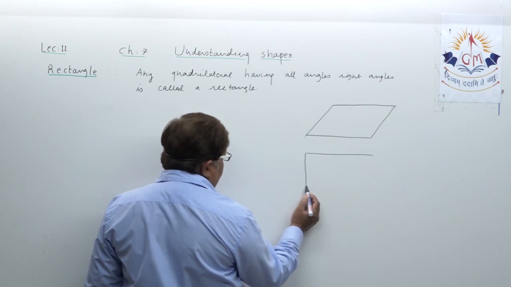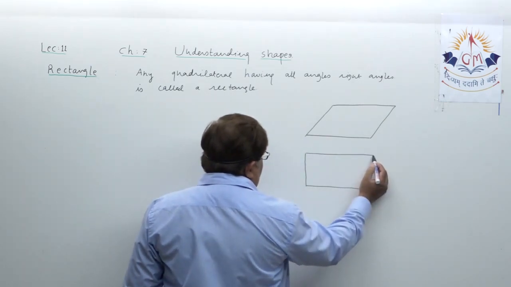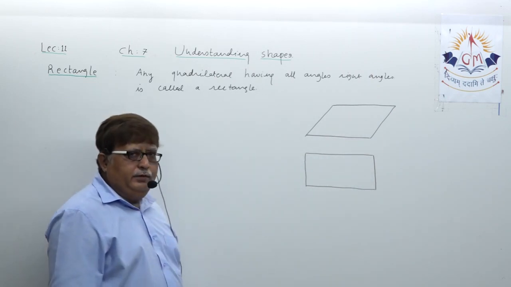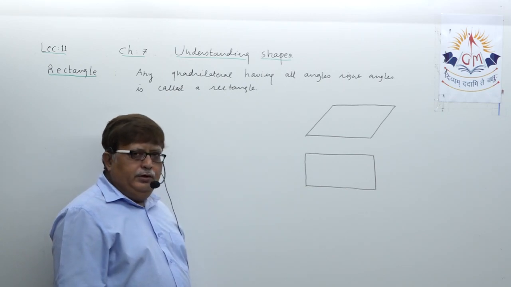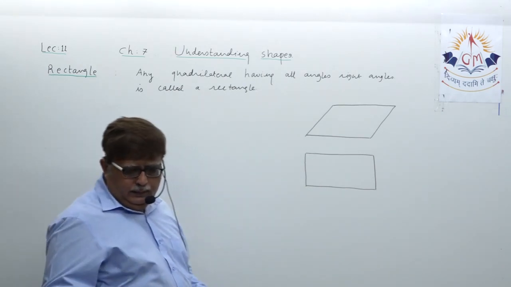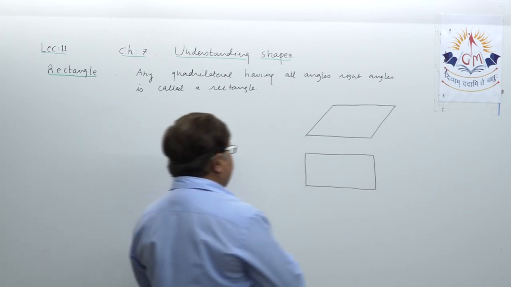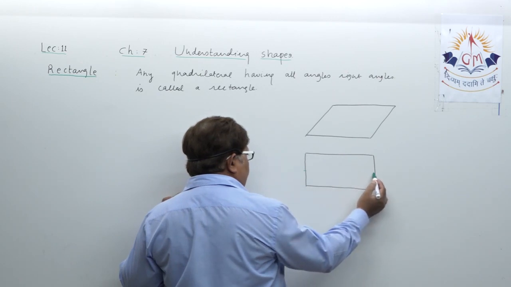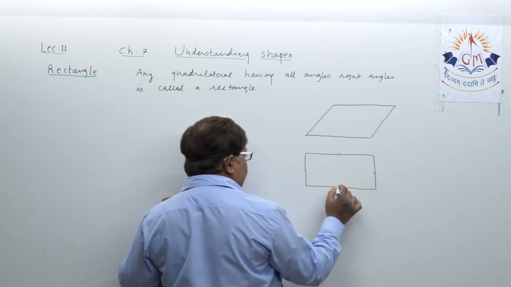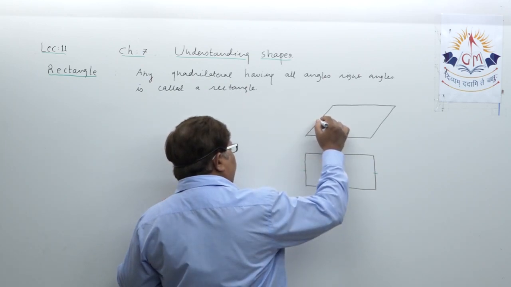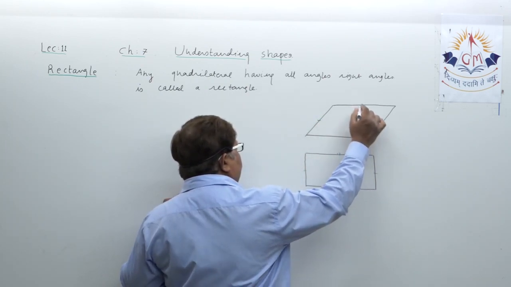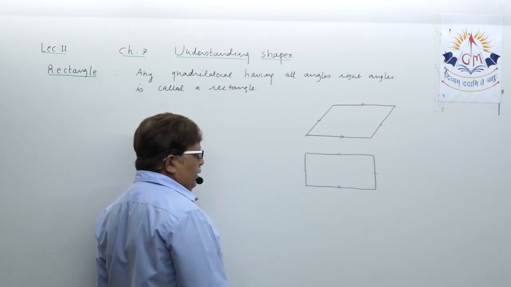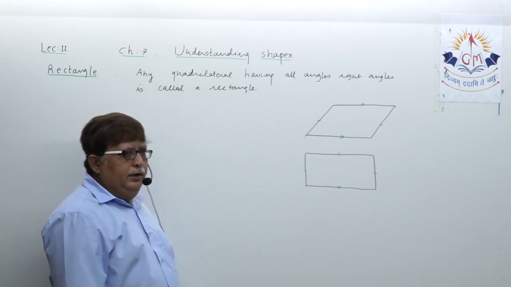Understood? But one difference between these two is that in the rectangle, see, I am drawing the rectangle now, just to verify, a rectangle and a parallelogram, just look at this. In the rectangle also, opposite sides are equal as well as parallel. So in parallelogram also, opposite sides are equal and parallel.